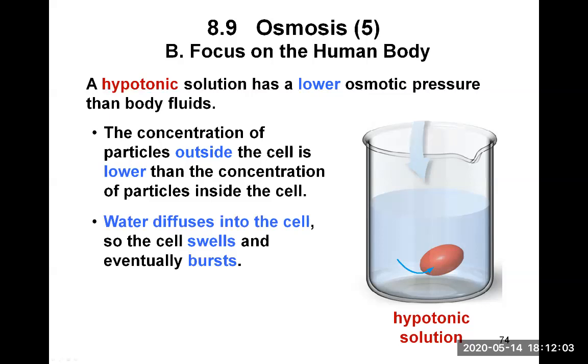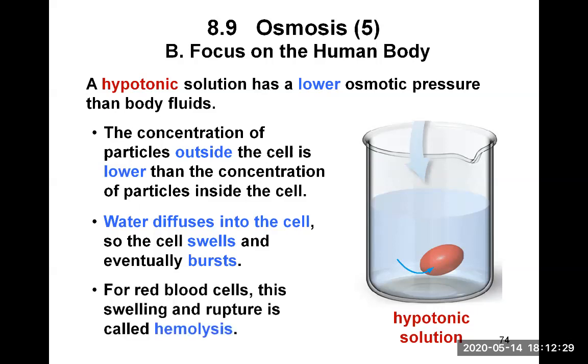Here it's less concentrated outside the cell, so water will move from outside to inside because it's more concentrated inside the cell. And so water diffuses into the cell, and the cell will swell. Its volume will increase, and if the difference in concentration is very large, it can eventually burst.